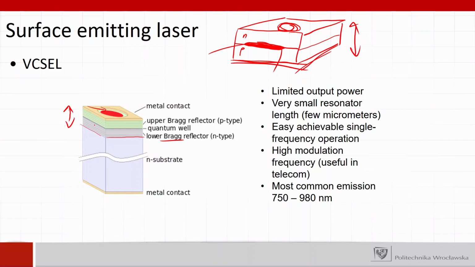And if the volume is smaller, then we have smaller capacitances, then we can have higher modulation frequencies. So these VCSELs, because these are called VCSELs, vertical cavity surface emitting lasers.